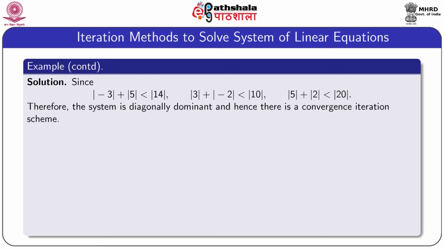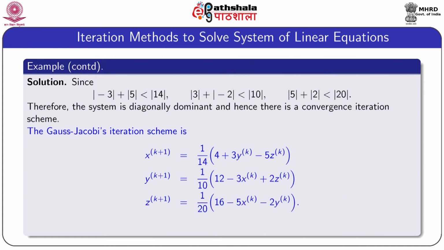We also see that the sum of the absolute values of the coefficients of x and z in the second equation is strictly less than 10, the coefficient of the variable y. For the third equation, the sum of the absolute values of the coefficients of x and y is strictly less than the coefficient of the variable z. That means the given system is diagonally dominant, and hence there is a convergent iteration scheme for the given system of equations.